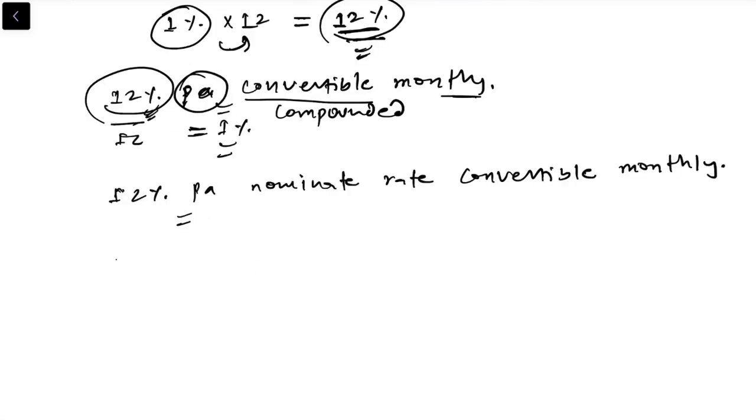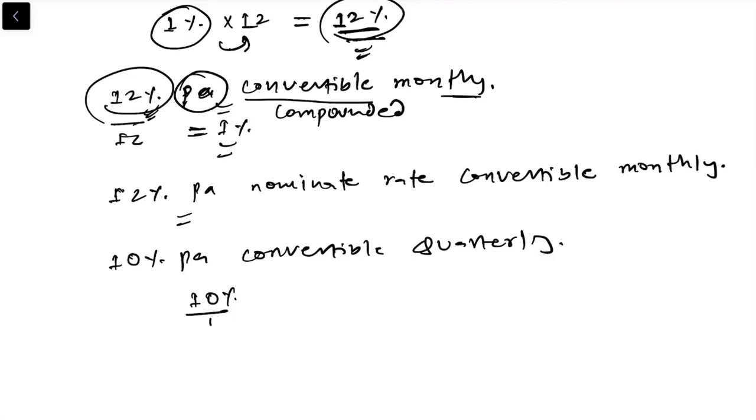Suppose you are given 10% per annum convertible quarterly. So this means the quarterly effective rate of interest would be 10% divided by 4. So this is how you can convert the nominal rate into the effective rate of interest, and then again you can change that into the effective rate of discount using the relationship between accumulation factor and discounting factor.